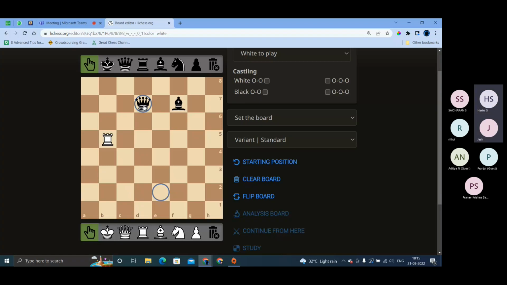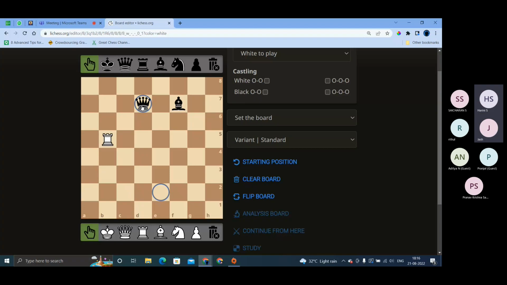I think you have to be a little closer to the mic. Come closer to the mic and try to answer. So it will only attack the opponent's piece. So which is the opponent's piece here? F7. F7 is its own piece.